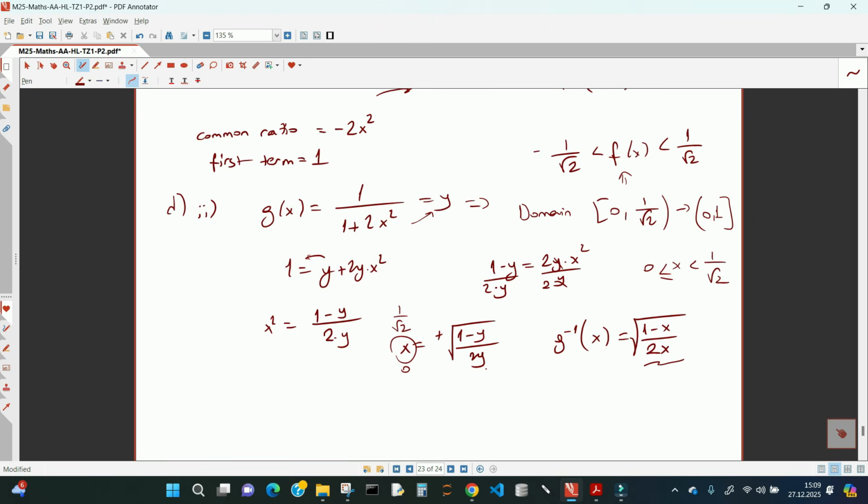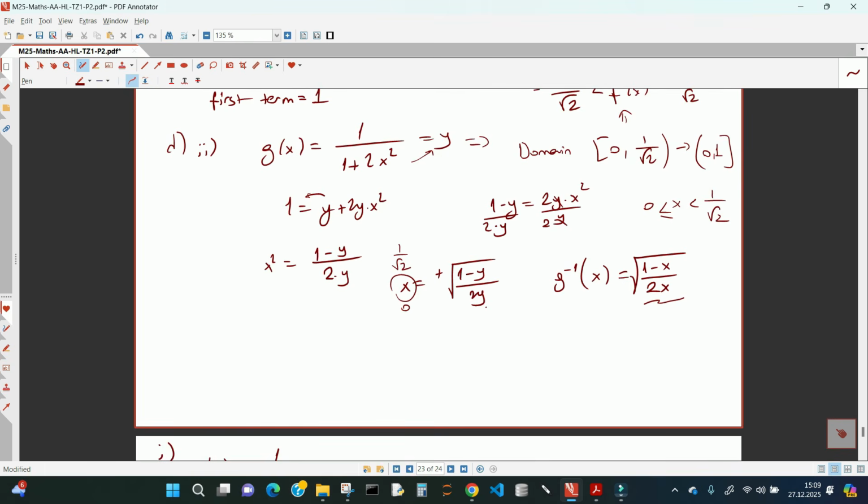And from here, in this case, for the inverse function, the square root of 1 minus 6 divided by 2x needs to be between 0 and 1 over square root of 2, okay? So our domain should be somewhere here. I mean, we need to find the x.